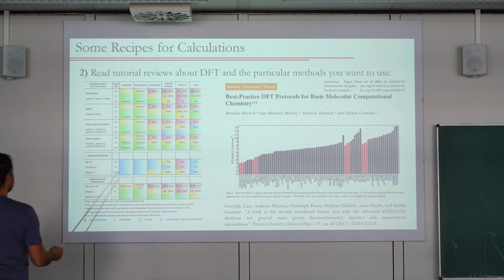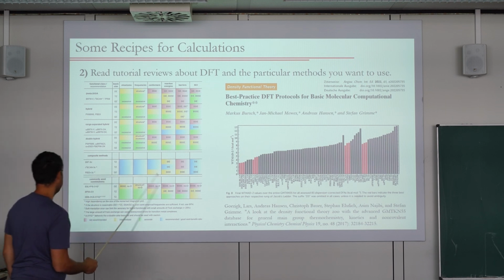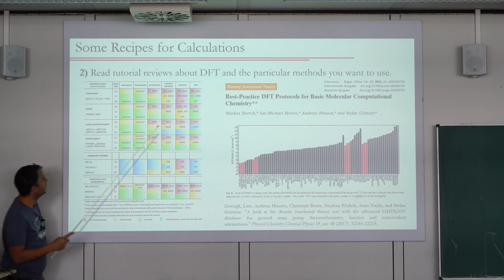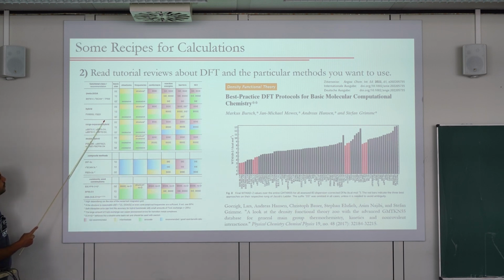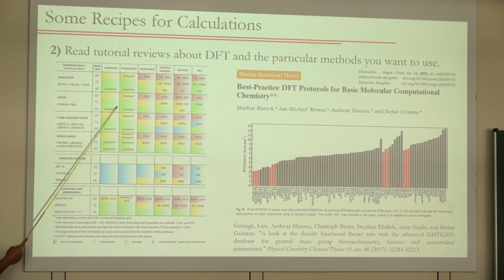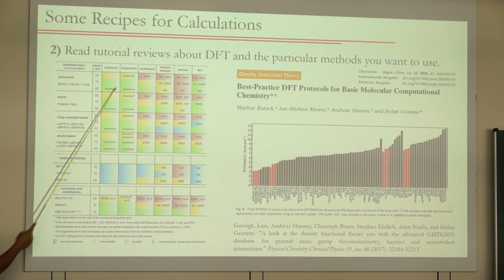Basically it tells you, like, PBE0 is good for structures and frequencies. This is double zeta basis set, triple zeta, and quadruple zeta. It tells you quadruple zeta basis functions with PBE0 for this is excessive. You don't need that. You're not going to get anything better, and it's going to cost much more.